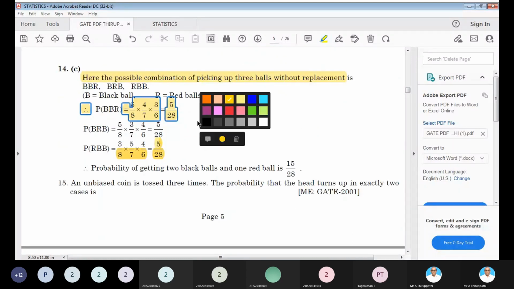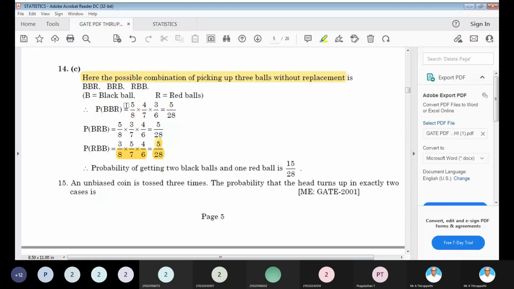But this is only one of the combinations; the combination may vary: either BBR, BRB, or RBB. So 5 by 28, 5 by 28, 5 by 28, which gives 15 by 28.